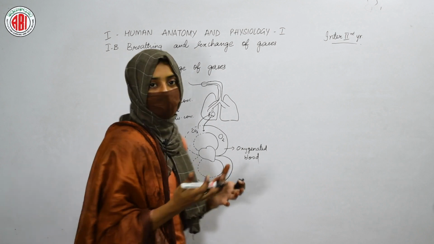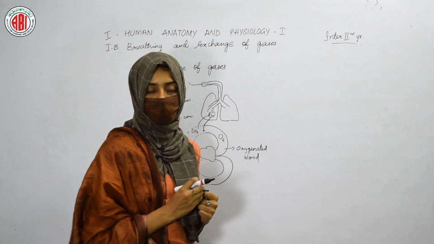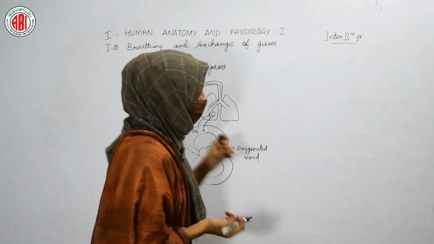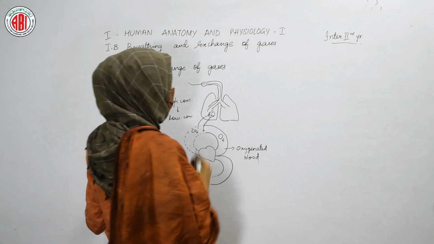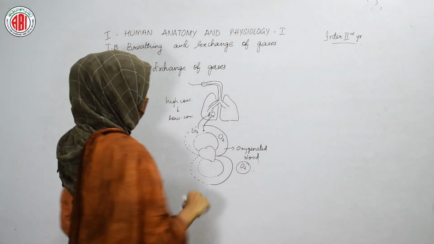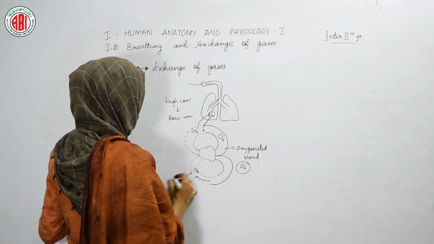Once the different organs receive this oxygenated blood, they take up the oxygen from the blood and use that oxygen to produce ATP. After the cells consume oxygen from the blood, the blood becomes deoxygenated again.